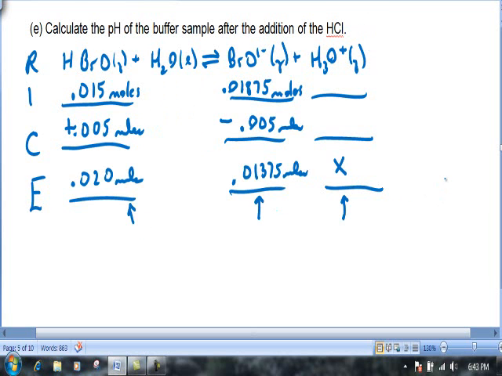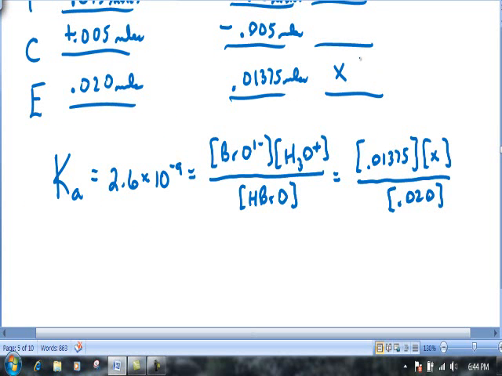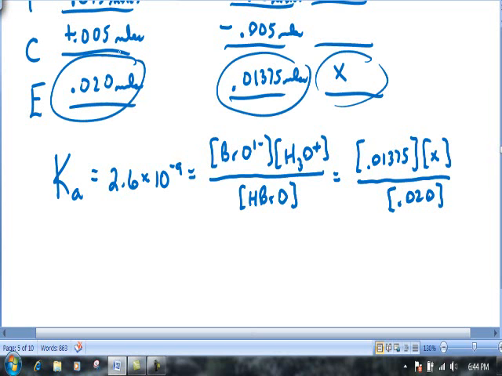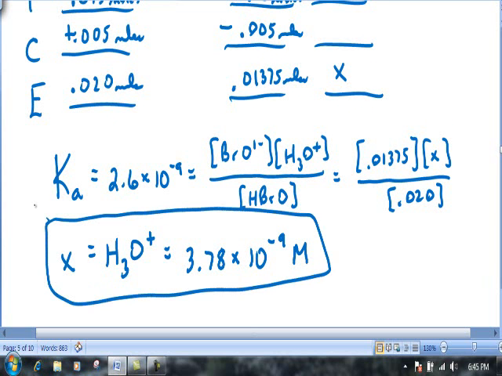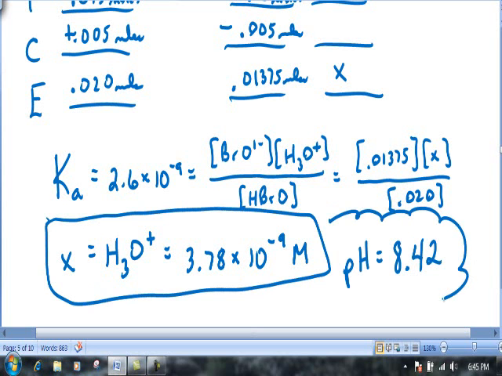We can now take our equilibrium values of hydronium, hypobromide ions, and hypobromous acid and insert them into our Ka expression, and then we can solve for X. When we get X, that'll give us our hydronium concentration, which we can use to calculate the pH. Solving for the hydronium, we get X is 3.78 times 10 to the negative 9th molar, which gives us a pH after the addition of the HCl for our buffer system of 8.42.